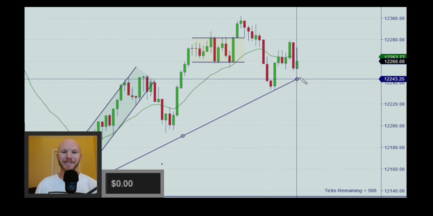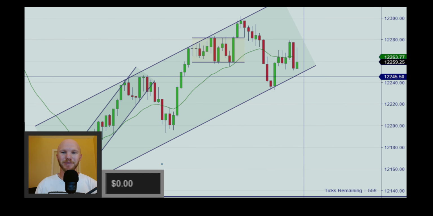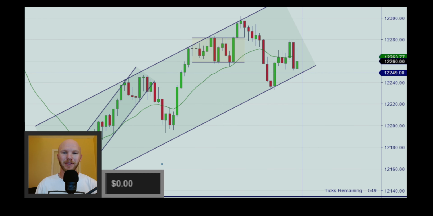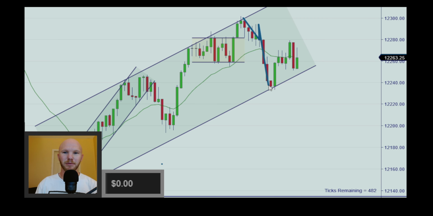We also have the possibility of something like this going on, so can't go short here, can't really go long. There's already a pullback, first entry, pullback, second entry, and then we're at our third entry right now. Just not really solid price action at all.